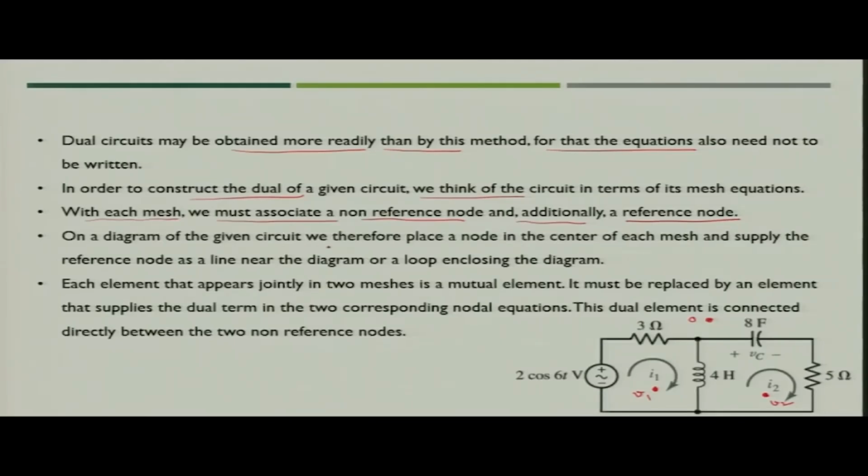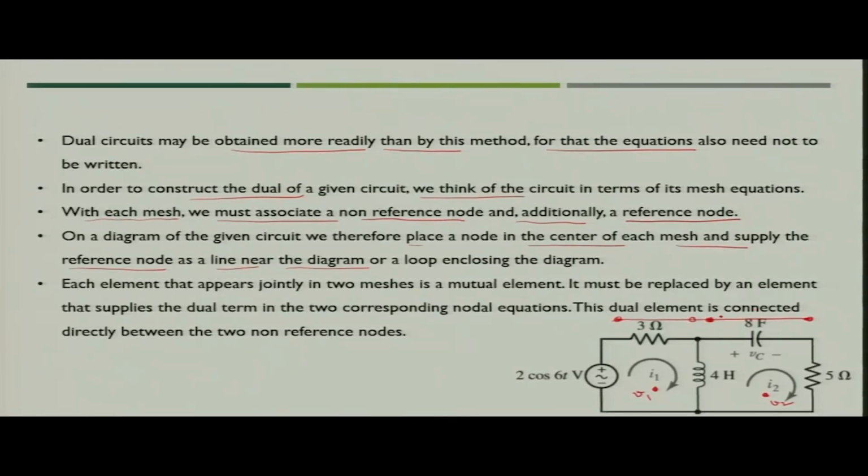Now, on the diagram we place a node at the center of each mesh and supply the reference node as a line near the diagram or a loop enclosing the diagram. So, you can use a simple node, or you can create a line for nodes, because it is easier for you to connect.